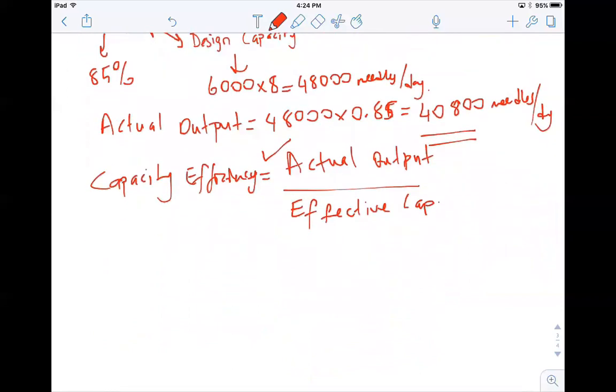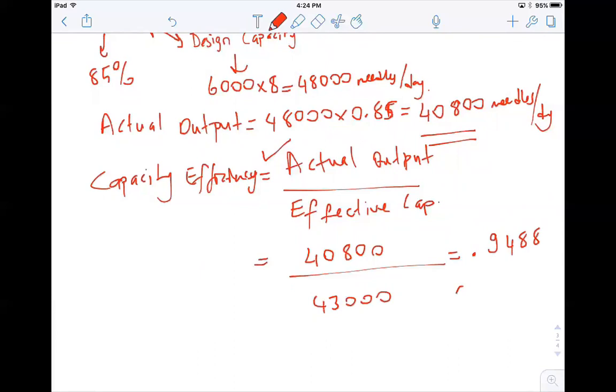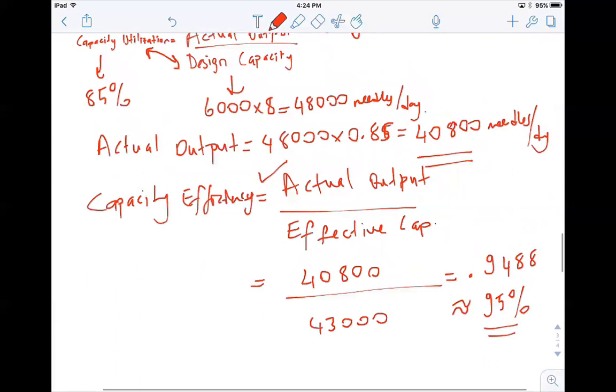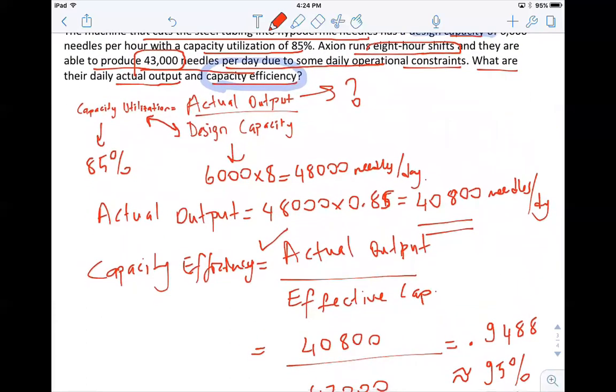So their effective capacity should be 43,000, and their actual output is already given to us. Then the capacity efficiency, if you do the math, should be 0.9488, so this is nearly 95%. It looks like they are able to utilize 95% of their effective capacity compared to utilizing 85% of their design capacity. Okay, that should answer this question.